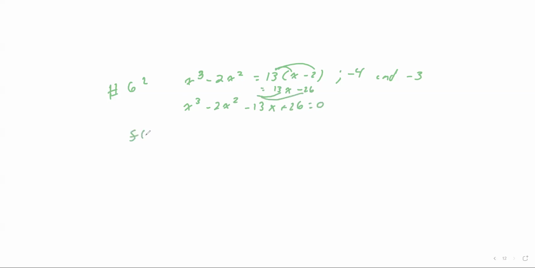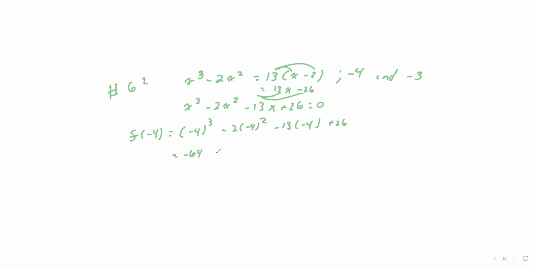Now I can go find f of -4. So that'd give me -4 cubed minus 2 times -4 squared minus 13 times -4 plus 26, and figure out what that is. So -4, that'd be 4, 16, 64. Negative.